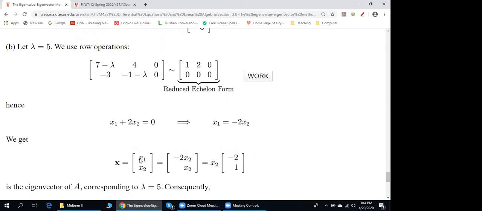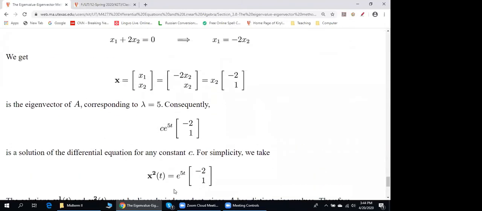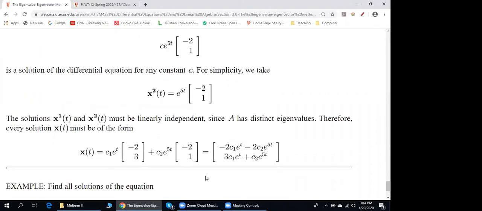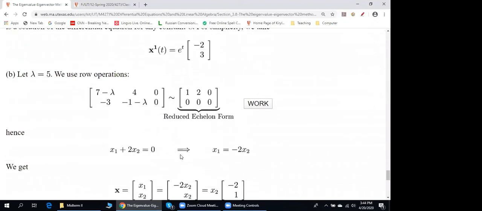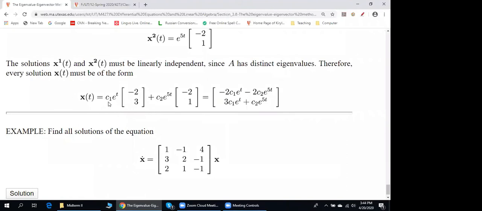And then replace x1 by -2x2, factor out x2, and here are all eigenvectors. Particular solution number 2 is e to lambda t times v. Lastly, in order to find the general solution, we multiply particular solution number 1 by C1, plus particular solution number 2 times C2.